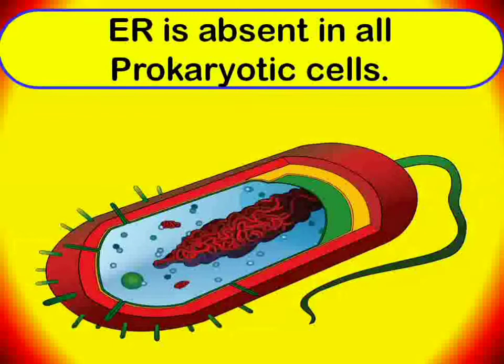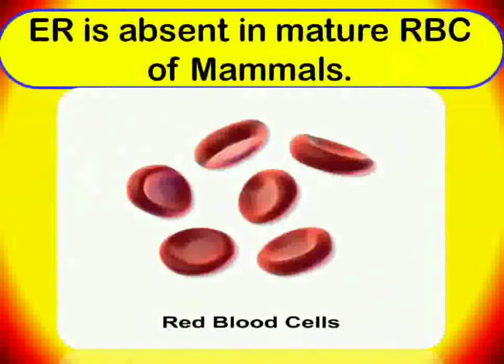Such cells are called prokaryotic cells. So in all prokaryotic cells, endoplasmic reticulum is absent. Apart from prokaryotic cells, in mature RBC of mammals also, endoplasmic reticulum is absent. So endoplasmic reticulum is present in all eukaryotic cells and it is absent in prokaryotic cells and mature RBC of mammals.